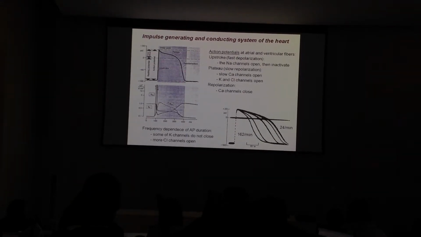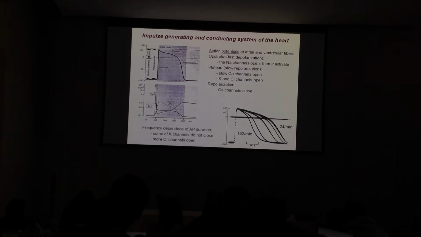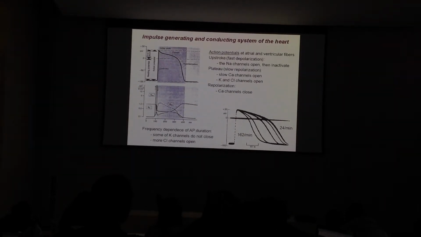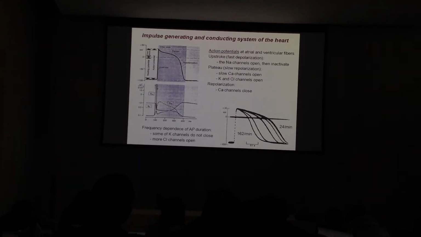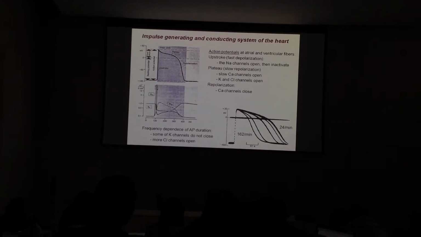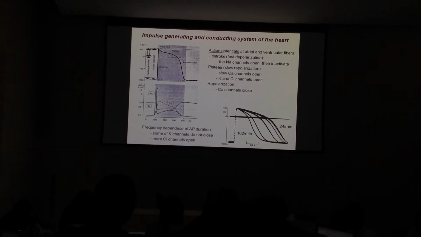If the plateau phase lasts for several hundred milliseconds, how is it possible to speed up the action potential repolarization, how is it possible to decrease the duration of the action potentials?